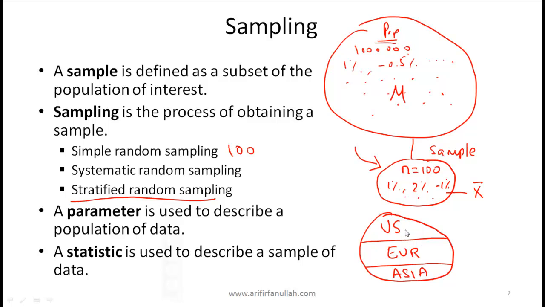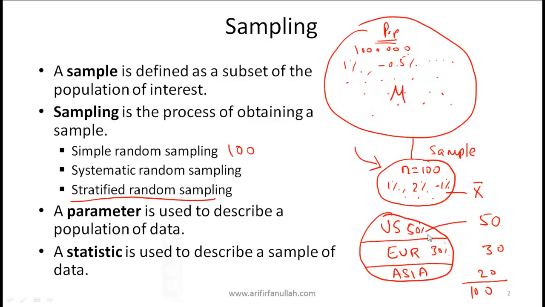And if you say that 40 or 50% of the world's market capitalization is in the US, then in your sample of 100 you might pick 50 stocks from the US. If Europe represents 30% of the market capitalization, then you would pick 30 stocks from Europe and 20 stocks from Asia to make up your sample of 100.